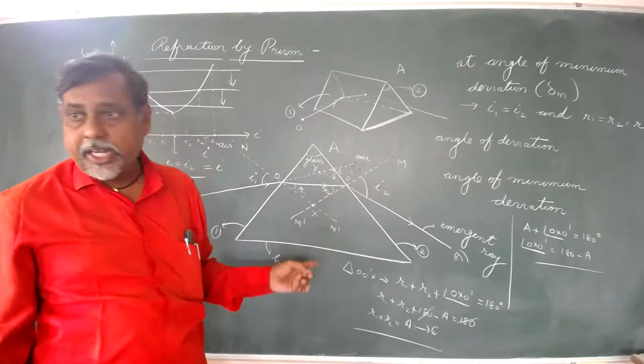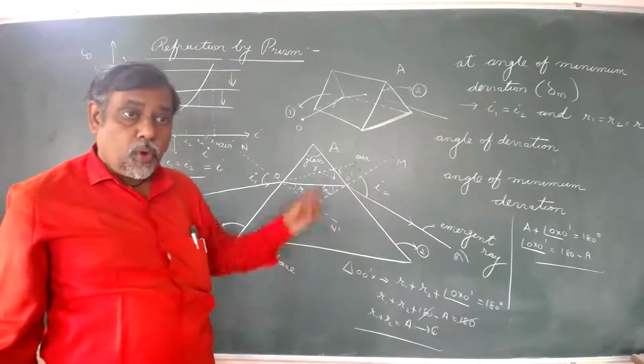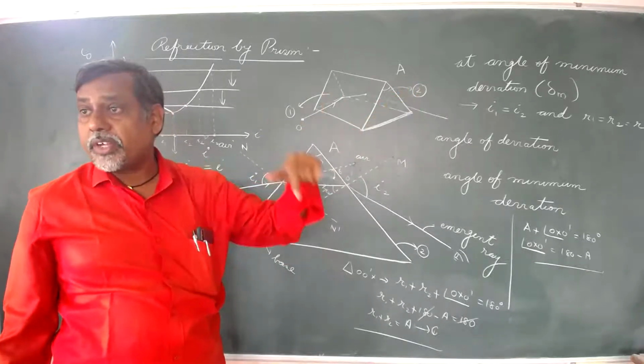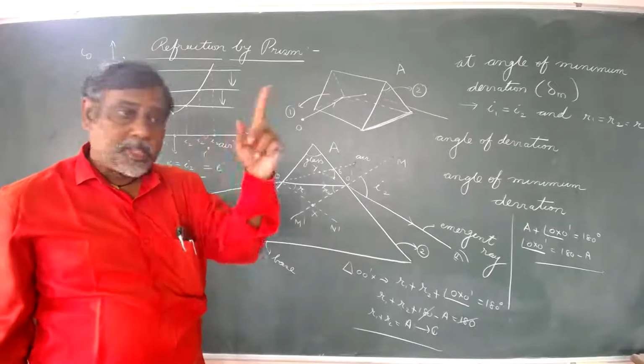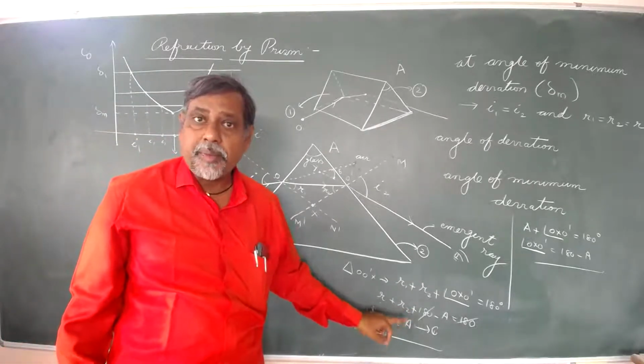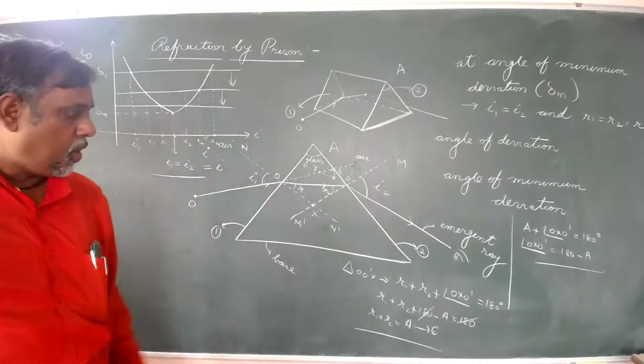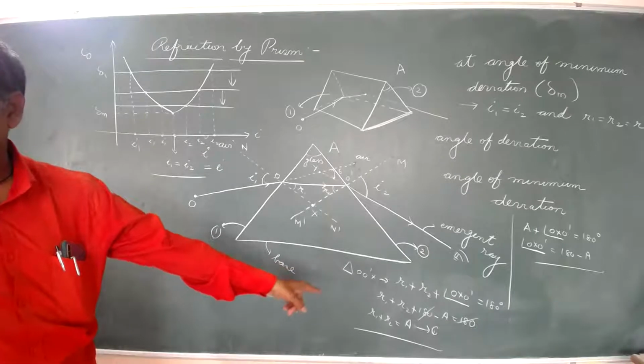That equation we will be getting. But don't think that only that equation we will be using while solving problems. There will be some problems in which R1 plus R2 is equal to A, and this result we will be using. So I have written this equation: R1 plus R2 is equal to A.